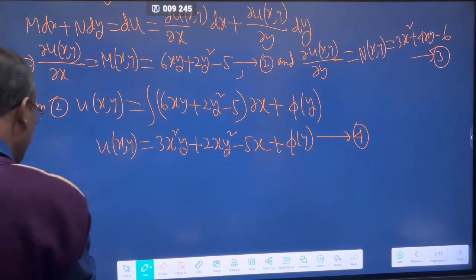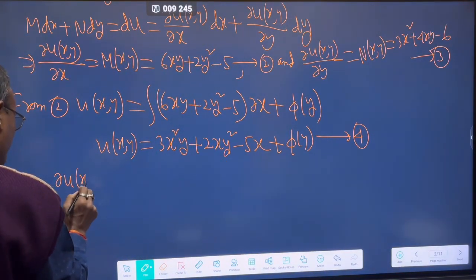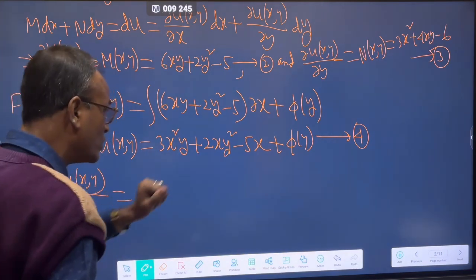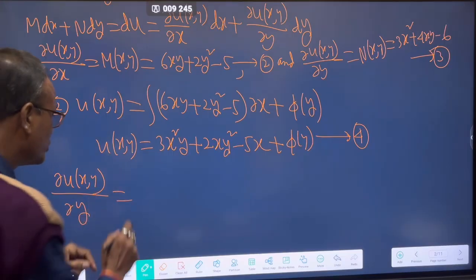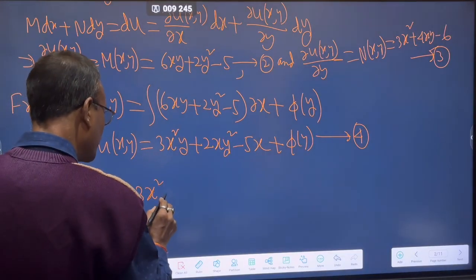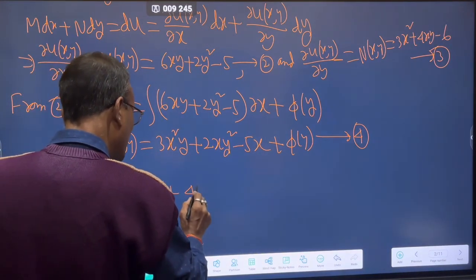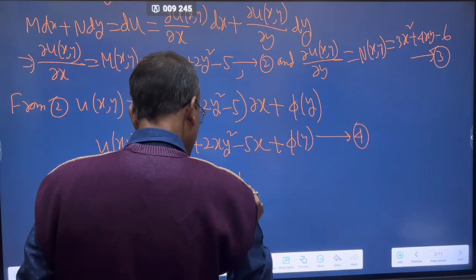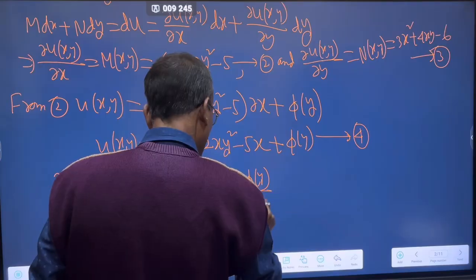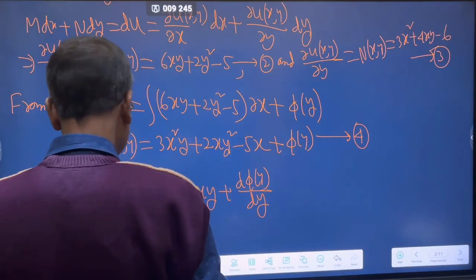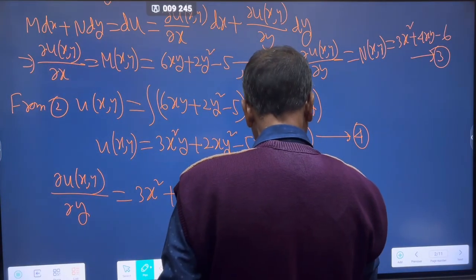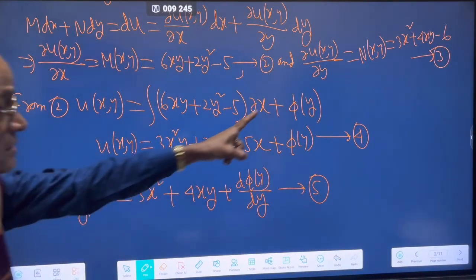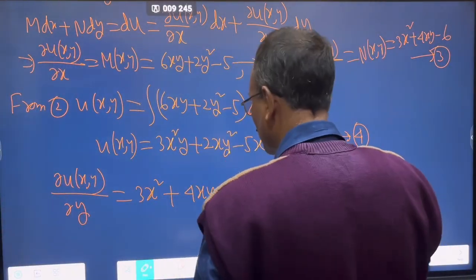From 4, del u by del y will be 3x square plus 4xy plus d phi by dy. This is number 5. Now compare 3 and 5.